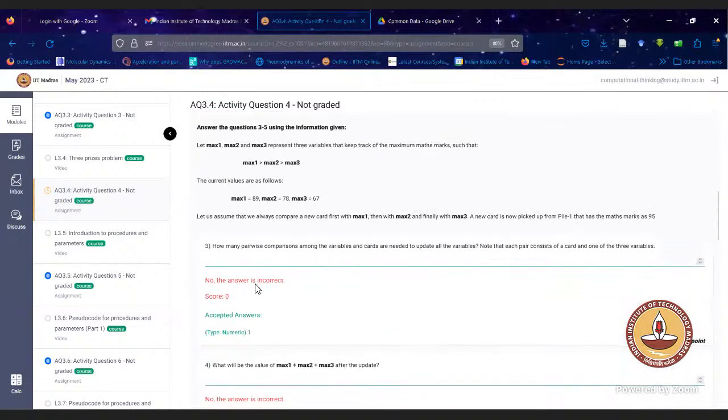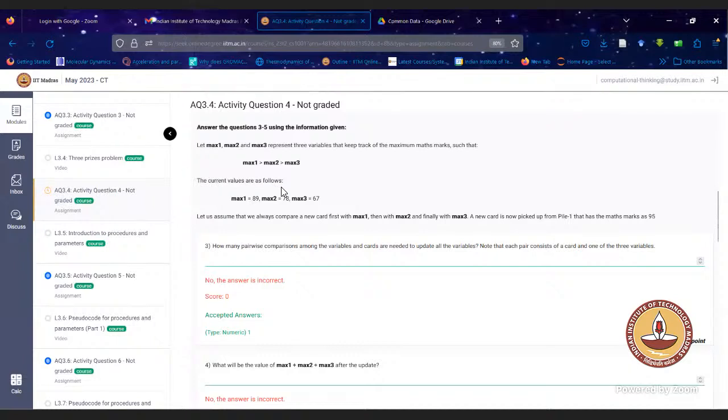Third: how many pairwise comparisons among the variables and cards are needed to update all the variables? Note that each pair consists of a card and one of the 3 variables. There is a paragraph above it. Let max 1, max 2, and max 3 represent 3 variables that keep track of maximum marks, such that max 1 is the highest and max 3 is the lowest.